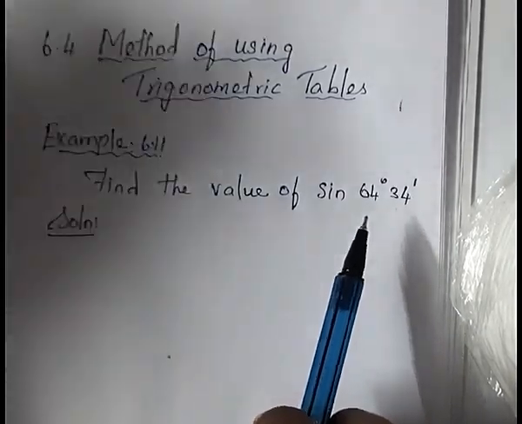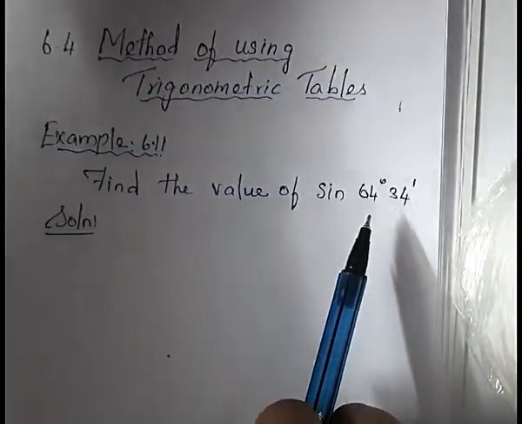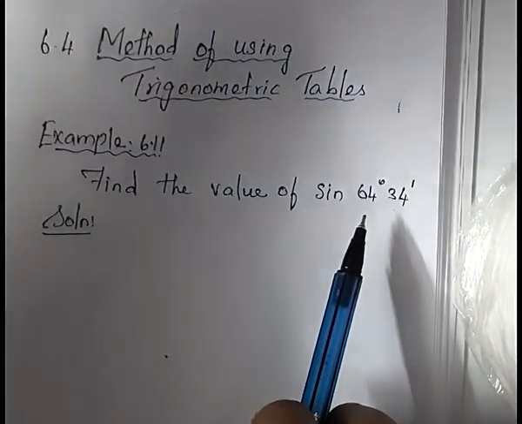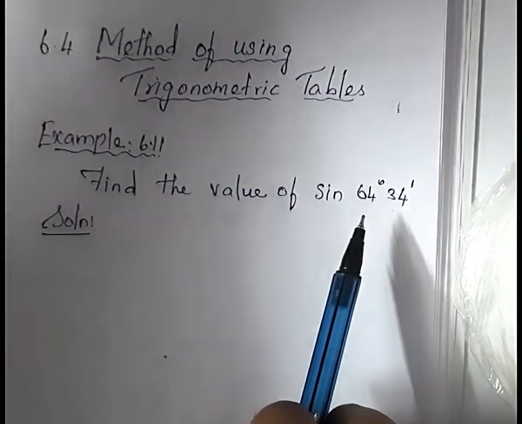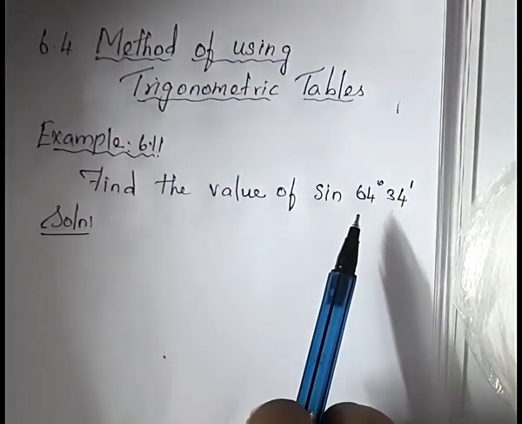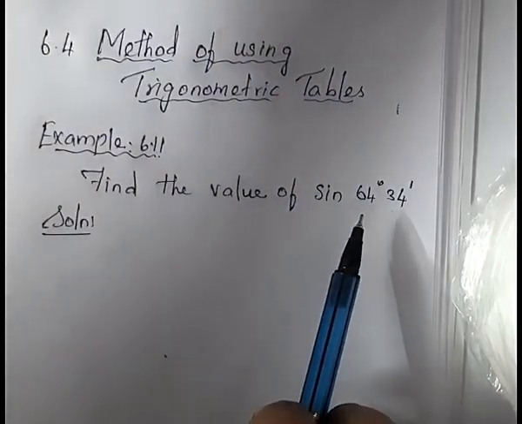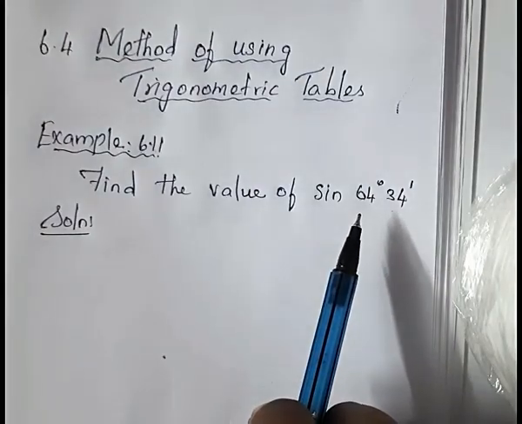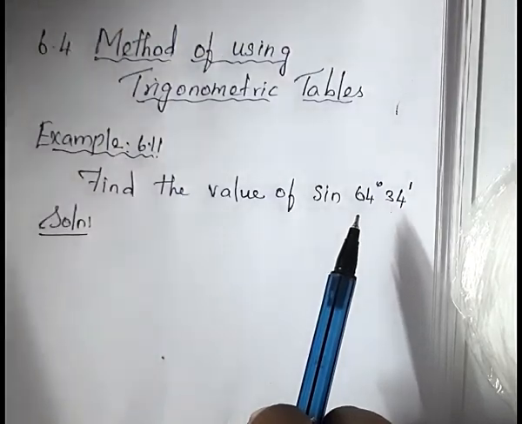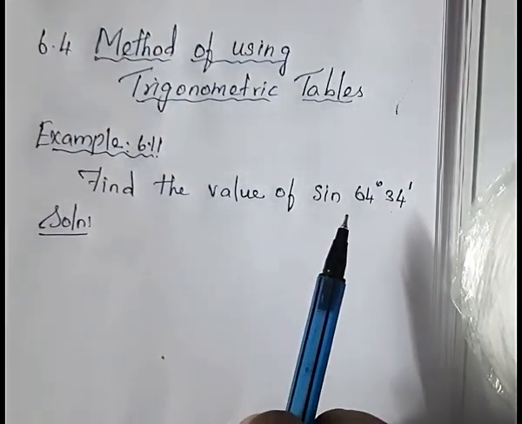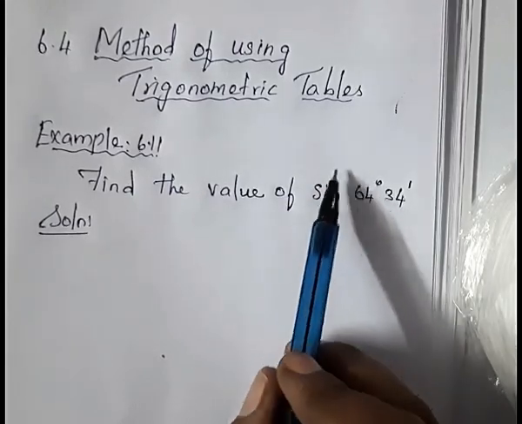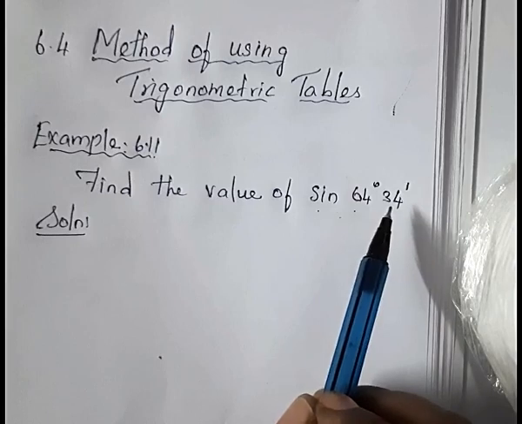In your book you have some tables, page number 242 is natural sines, then 244 is natural cosines, then natural tangents. So there are 3 tables. Can you see that? Sine table, cos table and tan table. Our question is sine, so we are using the sine table for this question.